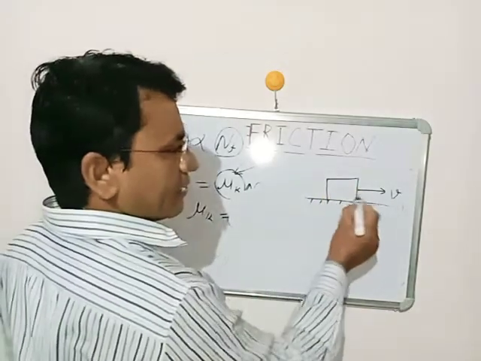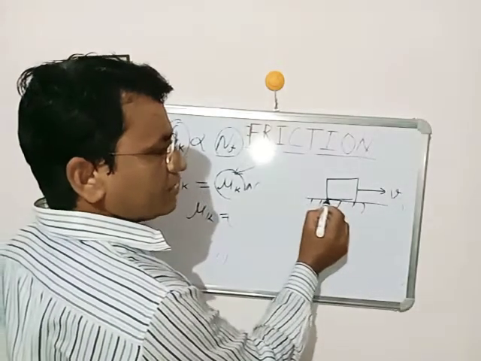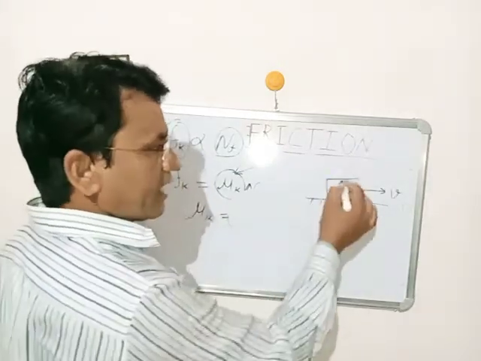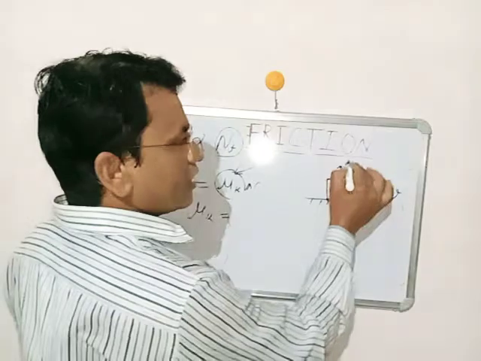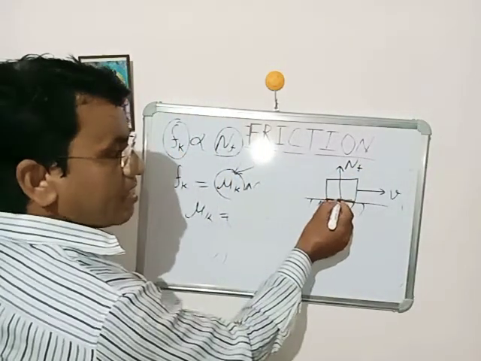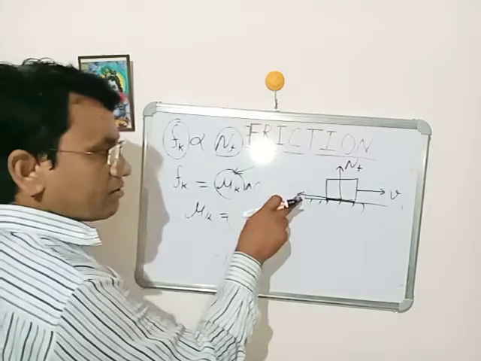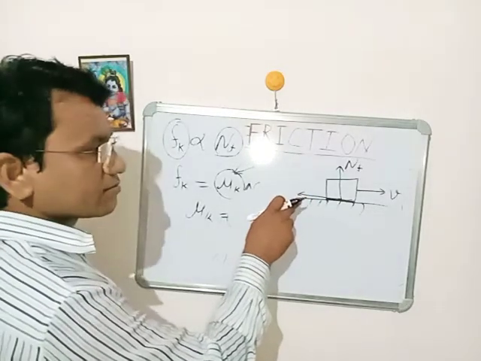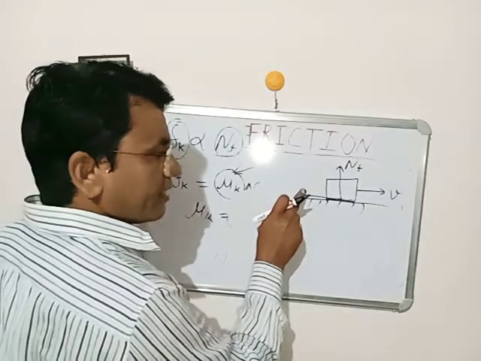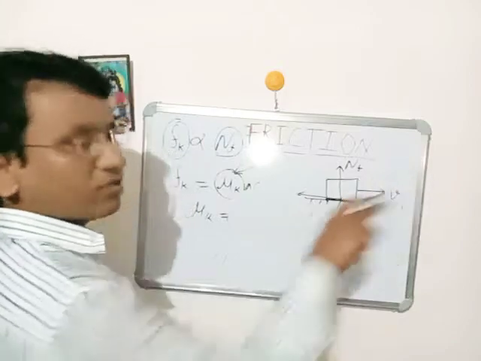The contact force developed between the contact surfaces has two components. One is the normal force and another is the horizontal force. That is called the kinetic friction force, and it is in the direction opposite to the velocity.